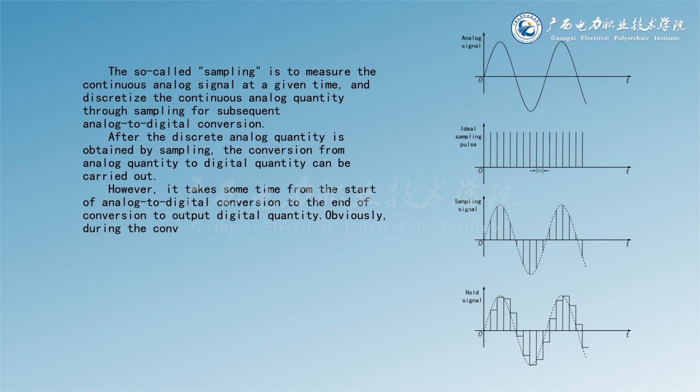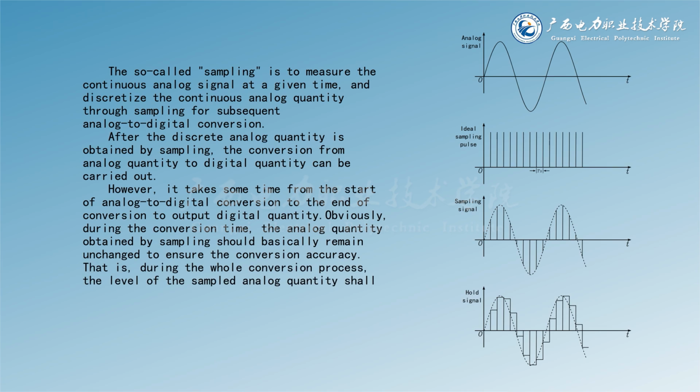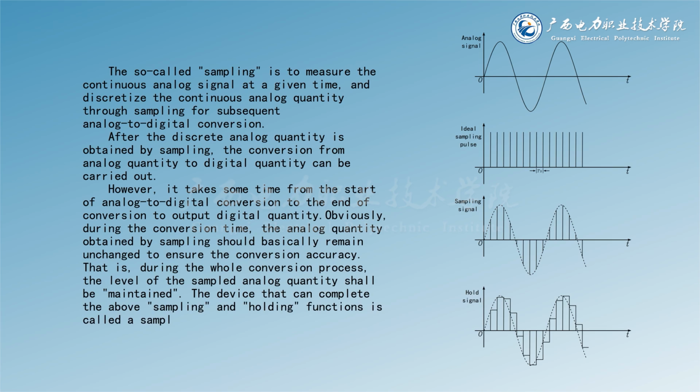Obviously, during the conversion time, the analog quantity obtained by sampling should basically remain unchanged to ensure the conversion accuracy. That is, during the whole conversion process, the level of the sampled analog quantity shall be maintained. The device that can complete the above sampling and holding functions is called a sample holder.